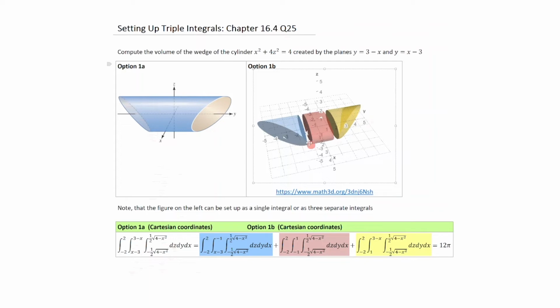This nick would be occurring at y equals -1, and this one at y equals +1. The left and right surfaces don't change. So you can see here is x minus 3 on this side, and here's 3 minus x on this side. These are color-coded. That goes with that, that goes with that, that goes with that. And if you do this calculation, you'll get 12 pi.